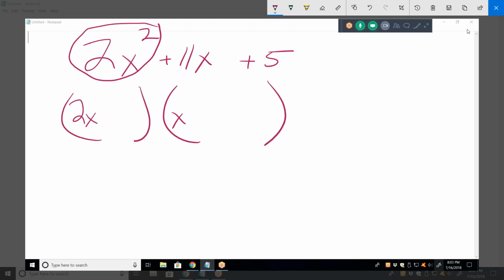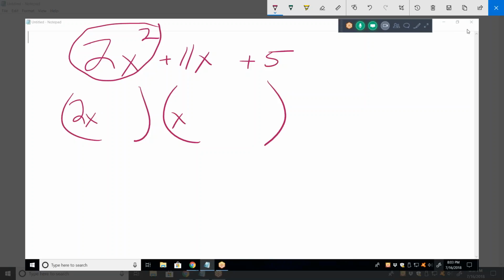You just got to split the x's up. It can get harder sometimes. If that was a 4 instead of a 2, then there actually would be 2 ways to split it up. You could split it up as 4x times x, or you could split it up as 2x times 2x. So it becomes more complicated the more factors of that number there are. So I'm really giving you here the easiest possible second level.